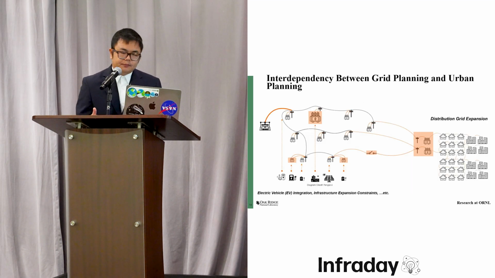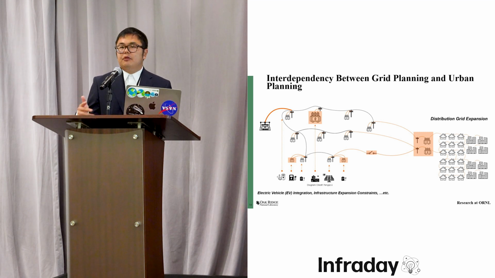Let me put some specific examples to understand this concept of co-planning. As we know, many communities are advocating increased EV adoption to reduce carbon emissions. However, the grid capability is currently constrained in certain areas, for example, disadvantaged communities, so there is limited support for additional EVs.